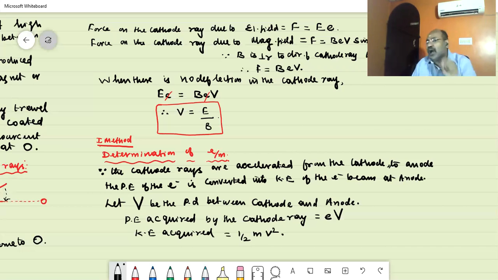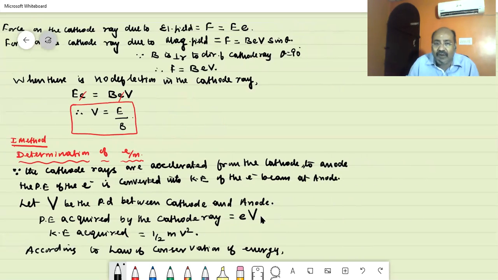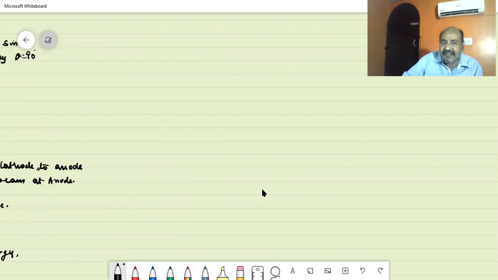We know according to law of conservation of energy, the potential energy available at the cathode is converted into kinetic energy when the cathode ray beam travels from cathode to anode.